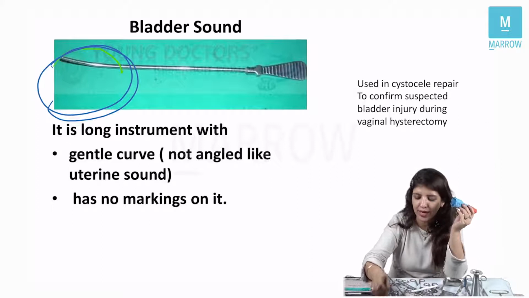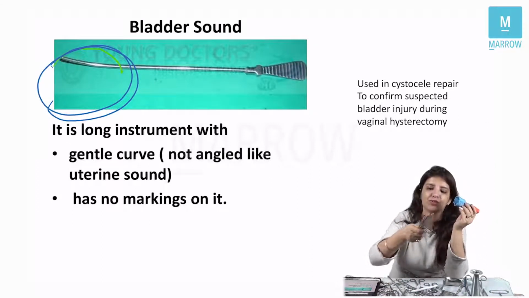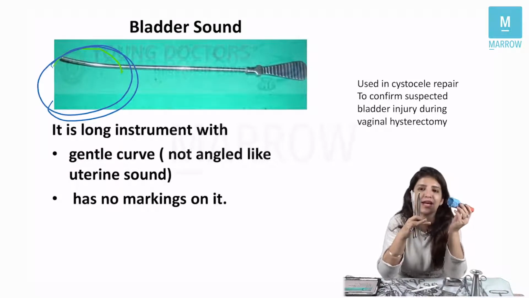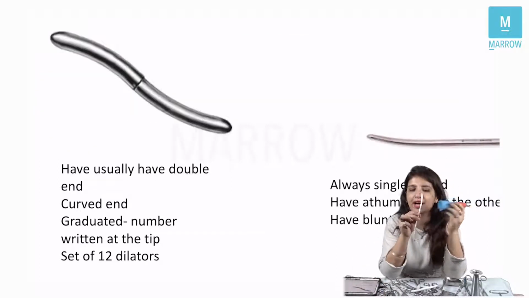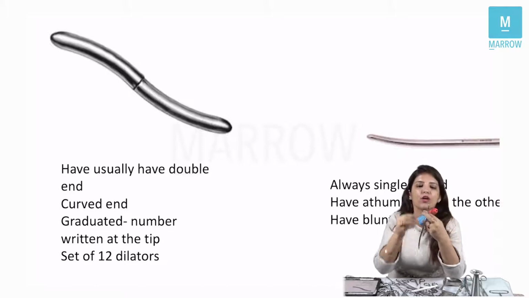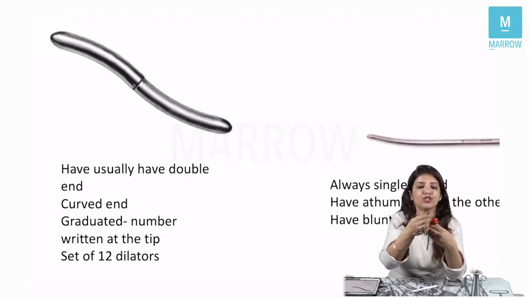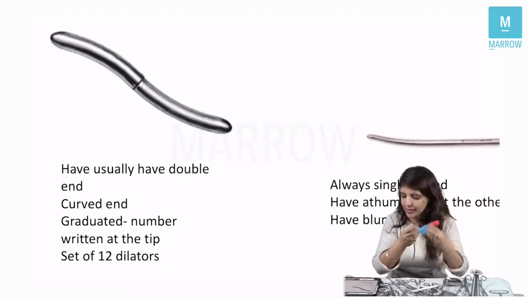Now, in order to dilate the internal os, I can use a set of dilators. This is a set of dilators, double-bladed dilators, which are called Hegar's dilators, right? So, these are the Hegar's dilators. Hegar's dilators have a double end. One end is a little narrower than the other end. They have numbers written over here which tell you what number dilator it is, right?